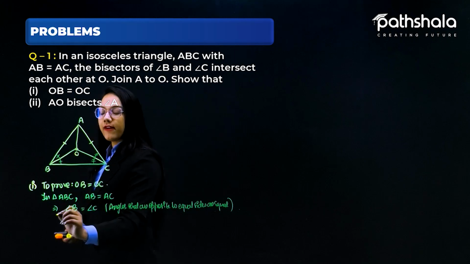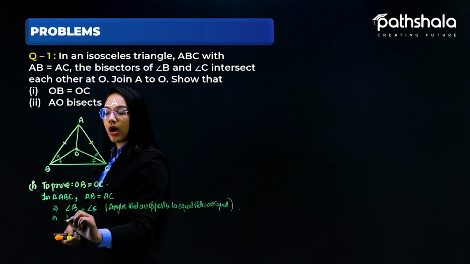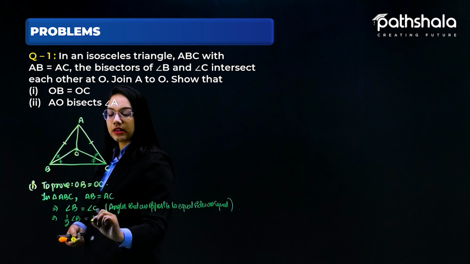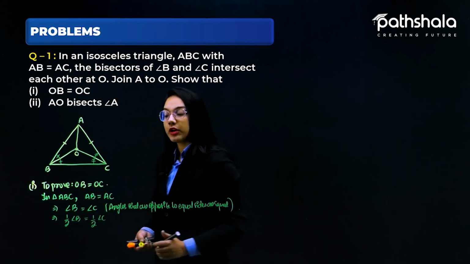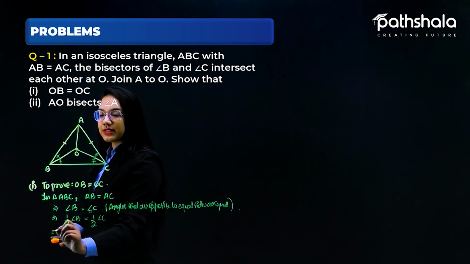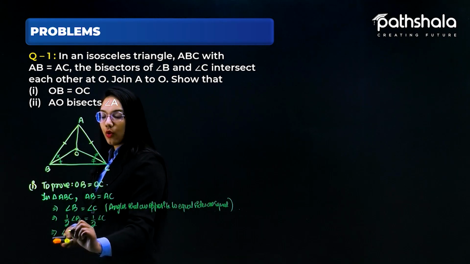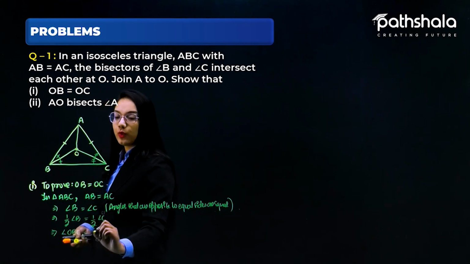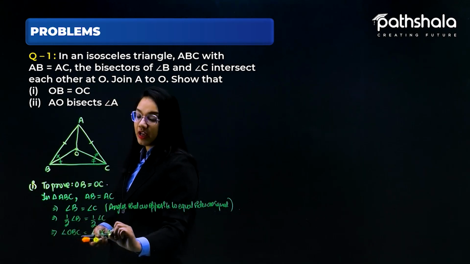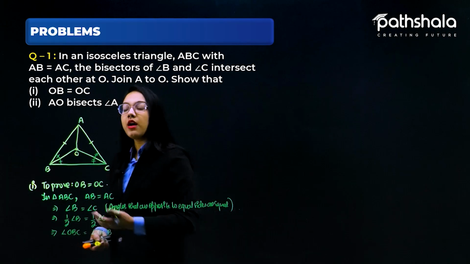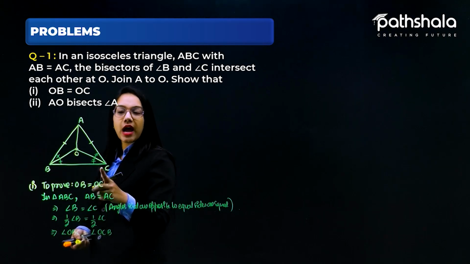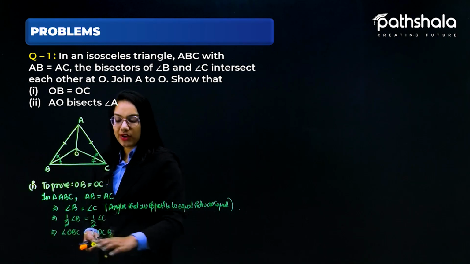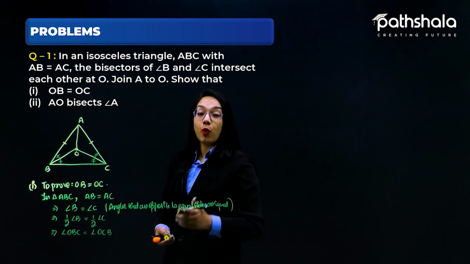So if I take half of angle B and half of angle C and divide both sides of the equation by two, then angle OBC is equal to angle OCB.